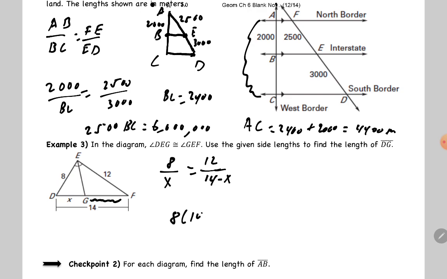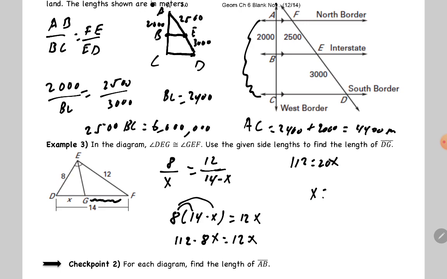So 8 times 14 minus x equals 12x. Distribute to get 112 minus 8x equals 12x. I'm going to add 8x over. So I'll get 112 equals 20x. Divide by 20. x equals 5.6. So that is x, and that's what we were looking for. If we wanted to know the length of GF, we would take 14 minus x.